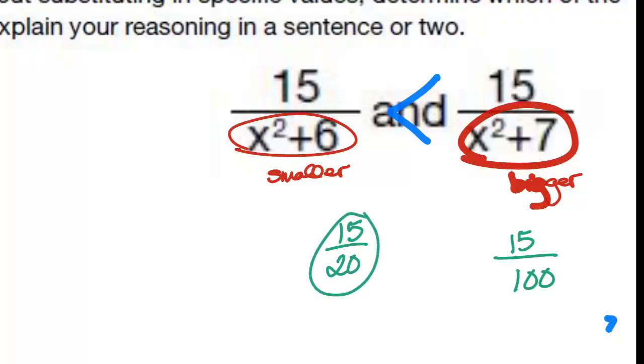Because the top number is the same, the smaller number on the bottom is going to give you a larger part of the whole candy bar.